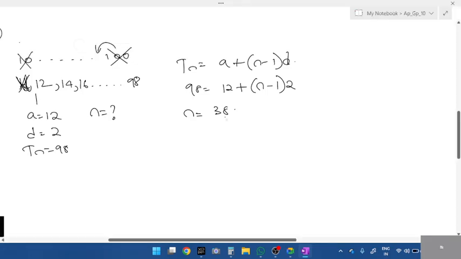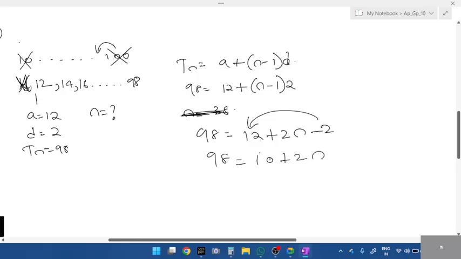Check this calculation. All of you got 38. 98 is equals to 12 plus 2n minus 2. Tell me the calculation, Ivania. 12 minus 2 is 10. 98 is equals to 10 plus 2n. If 10 goes to the other side, you get 8 divided by 2 is.